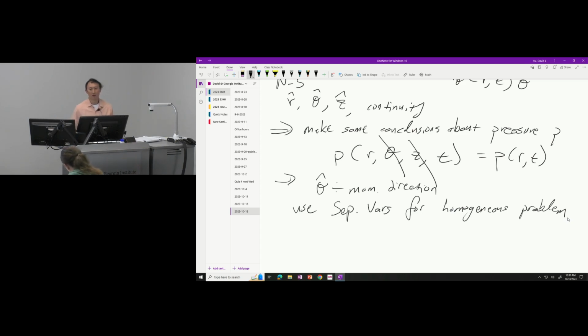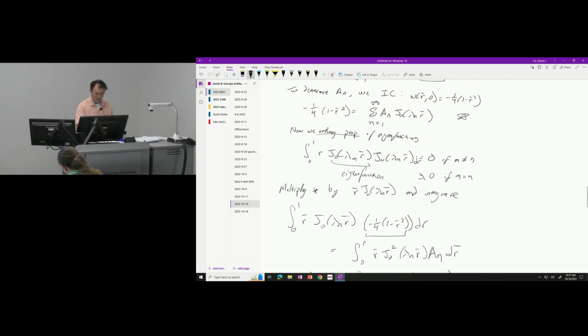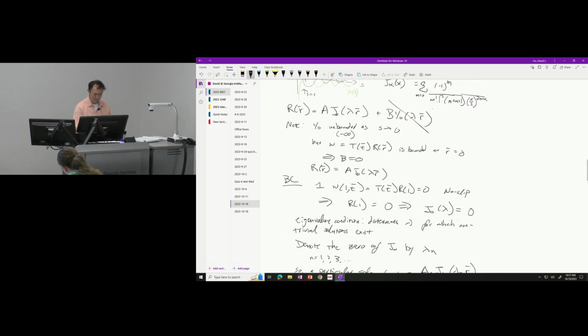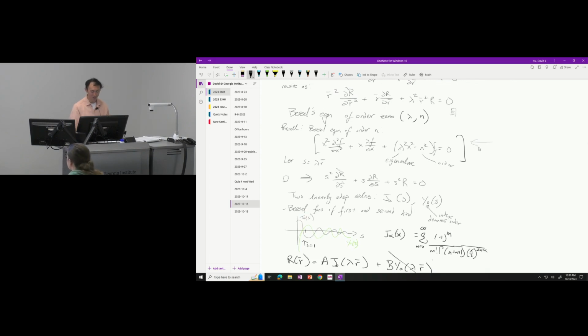If you see the Bessel equation, you'll want to use the Bessel function, but it may not be order 0 like we had last time. If you do all that work and you see this, that means it's a Bessel equation.